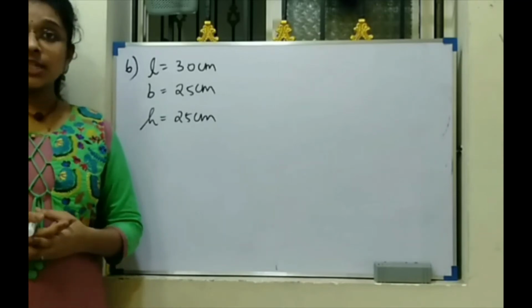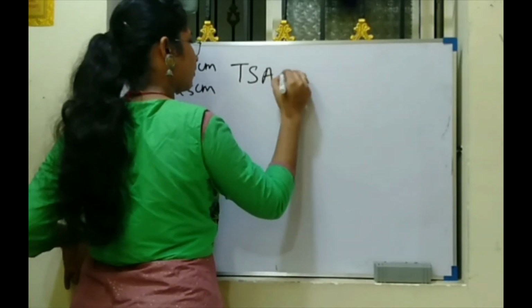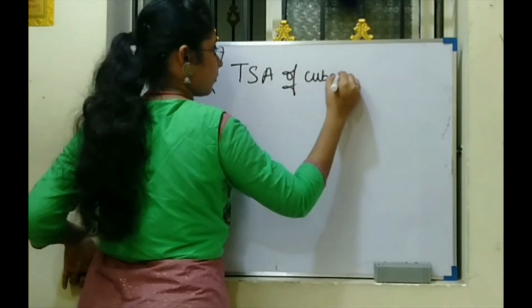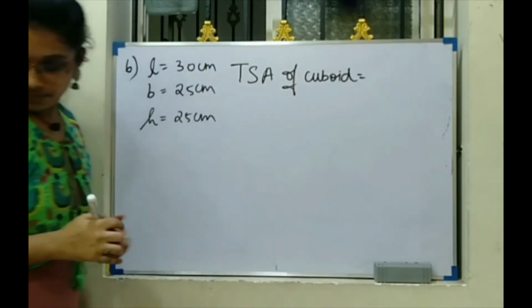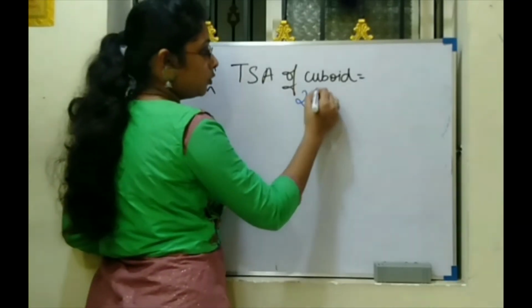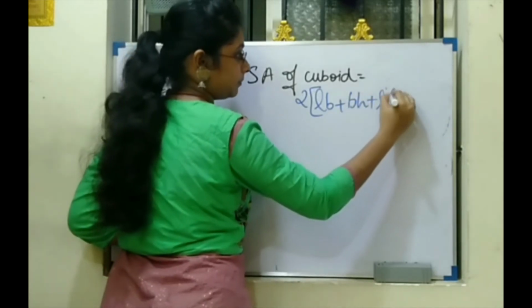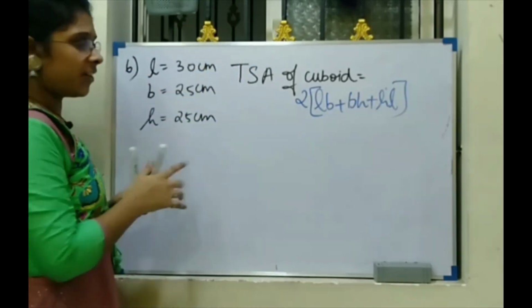So, what is the total surface area of cuboid? Total surface area of cuboid is equal to 2 into LB plus BH plus HL. Now let's substitute the value.